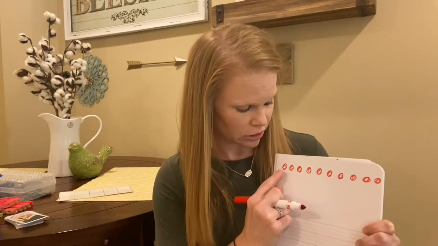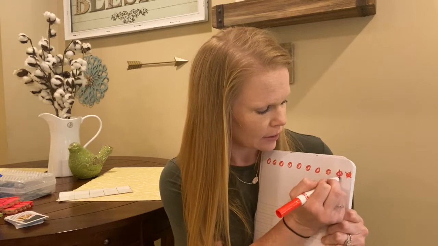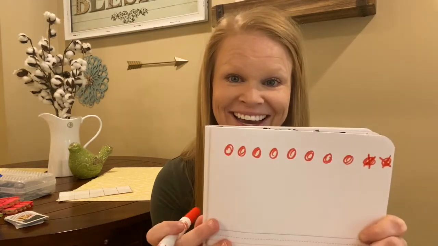So when we do subtraction equations, we don't start at the front, we start at the very end, and we're going to put an X on those that flew away. So I'm going to mark out 2 ladybugs. 1, 2. So I still have all of these ladybugs and then 2 of them flew away.